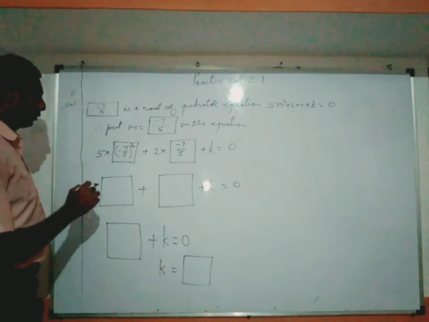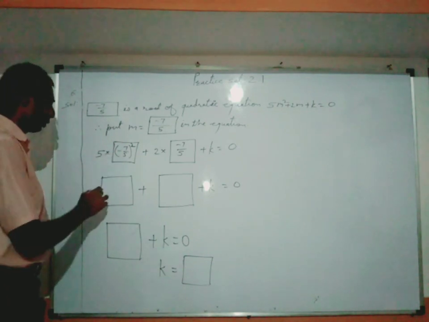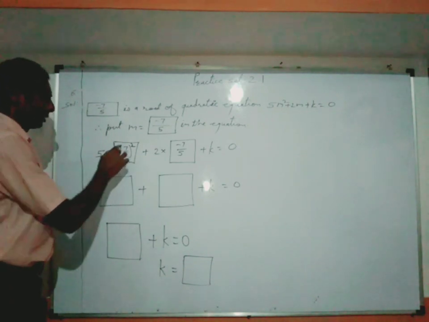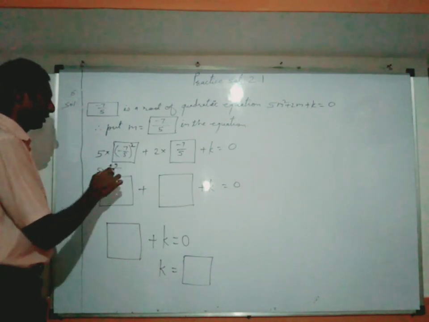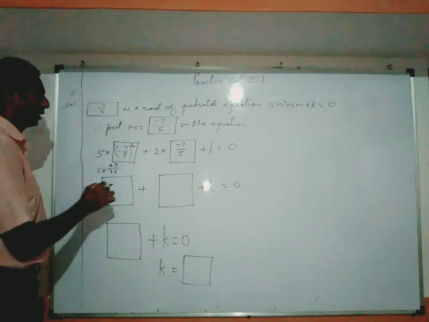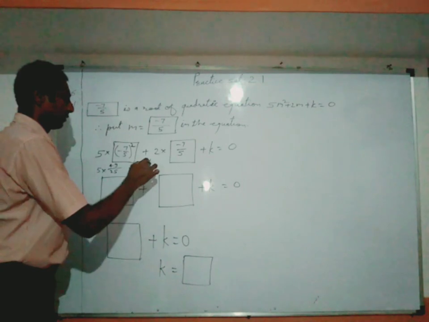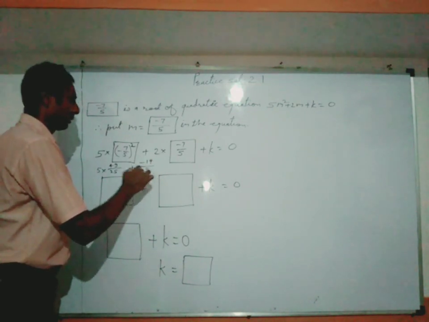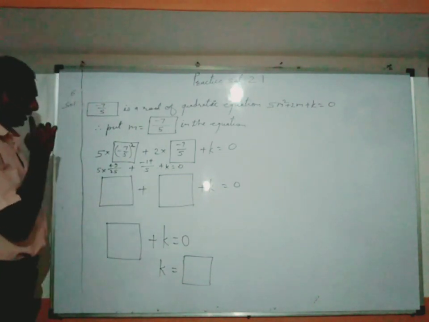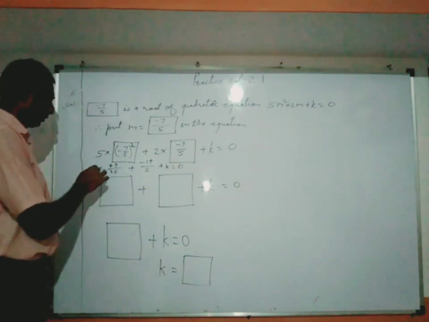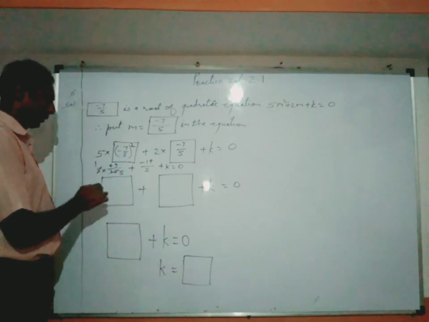Okay, what will it give us? 5 into, square of minus 7 is 49 and square of 5 is 25, plus 2 into minus 7 gives us minus 14 upon 5 plus k equal to 0. Now here you may look, 5 ones are 5, 5 fives are 25.